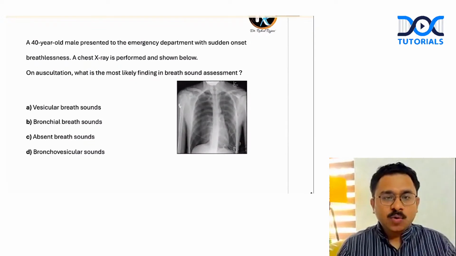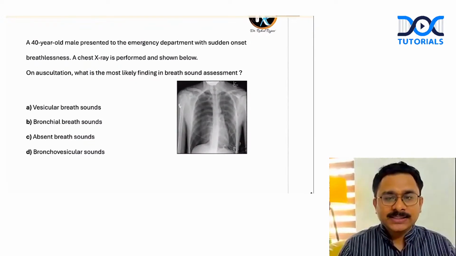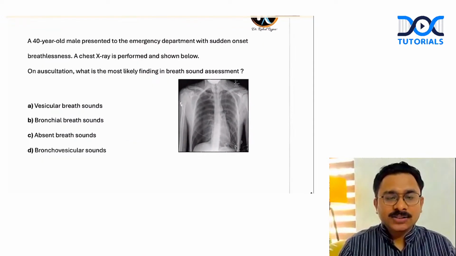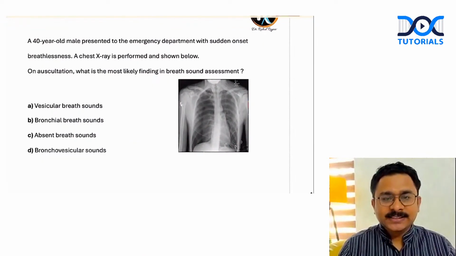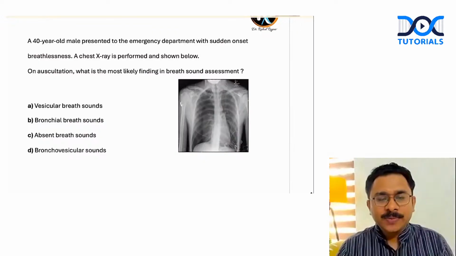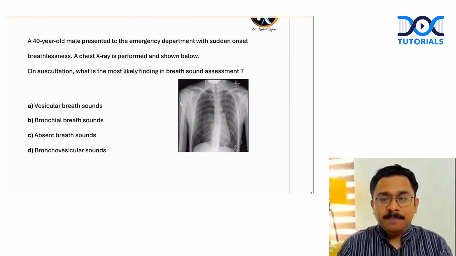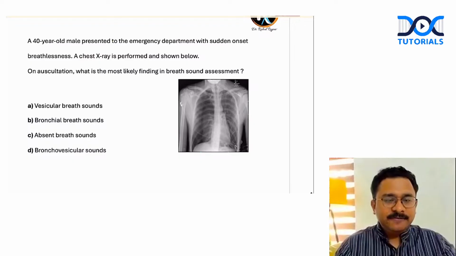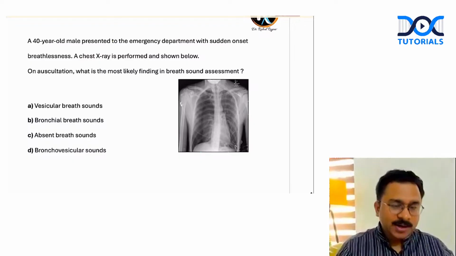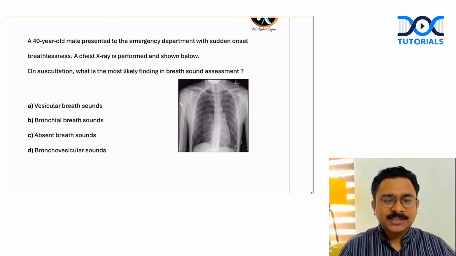A 40-year-old male presented to the emergency department with sudden onset breathlessness. Chest X-ray is performed and is shown below. On auscultation, what is the most likely finding in breath sound assessment? What do you think? Look at the X-ray, look at the options. Is it vesicular breath sounds, bronchial breath sounds, absent breath sounds, or bronchovesicular breath sounds?